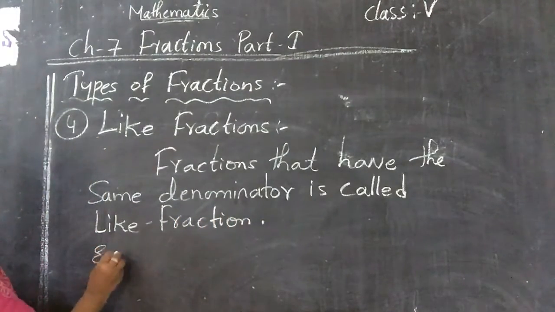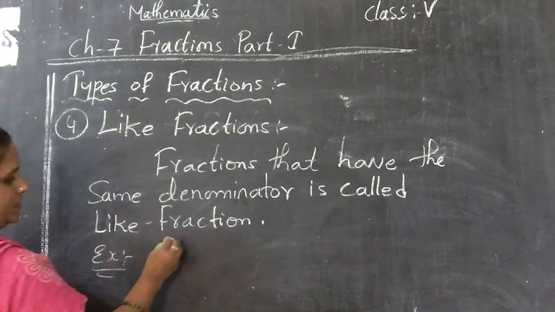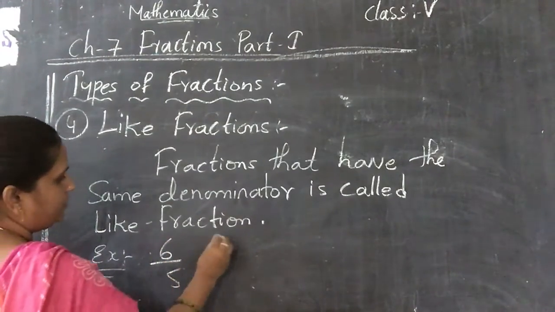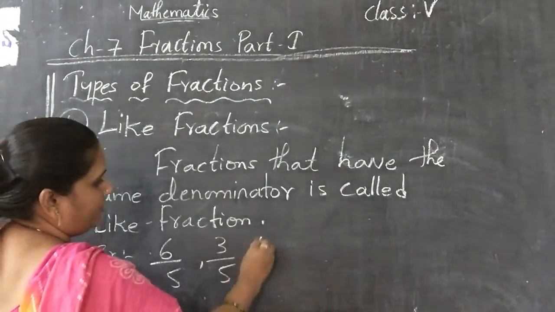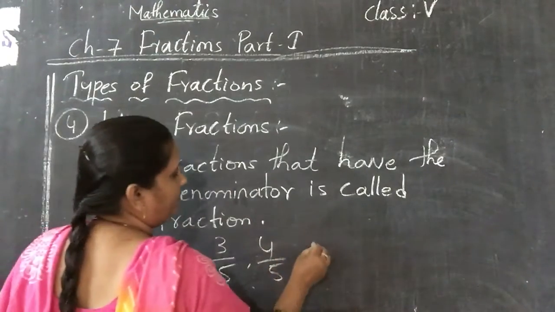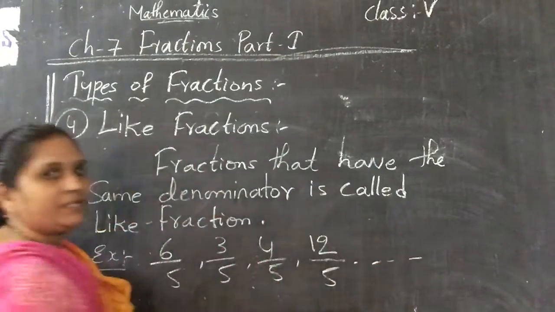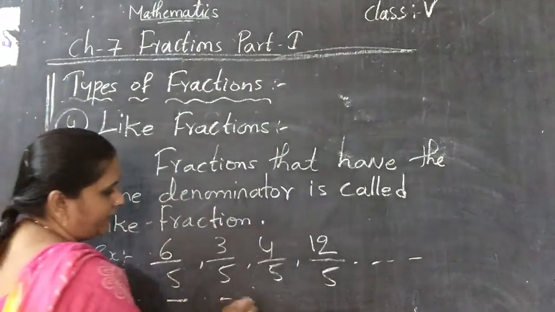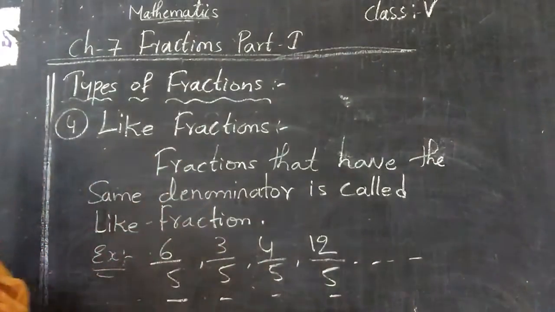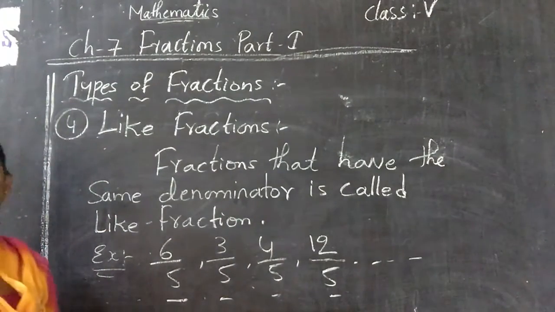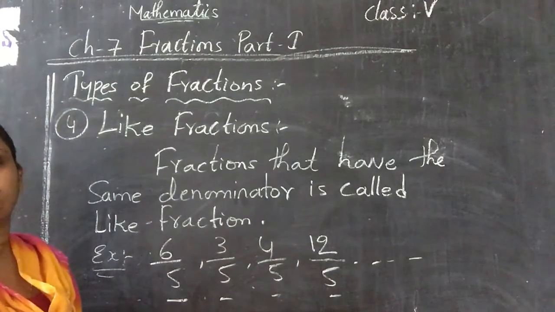Example, 6 by 5, 3 by 5, 4 by 5, 12 by 5, like that. If you observe here, all the denominators are the same, 5, 5, 5. So this is known as like fractions.